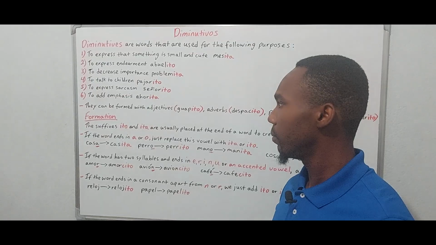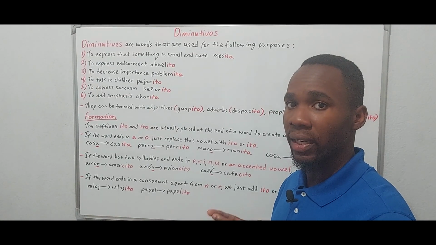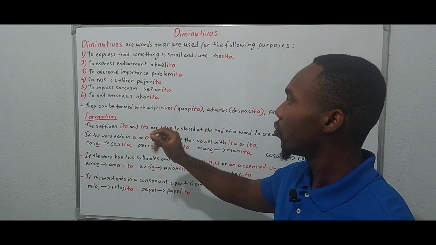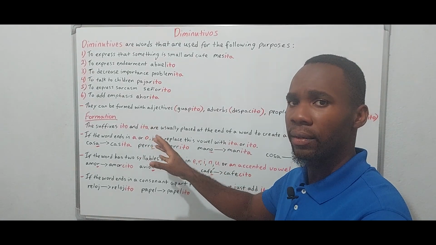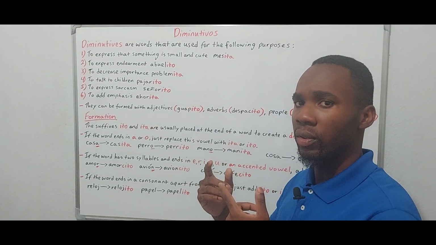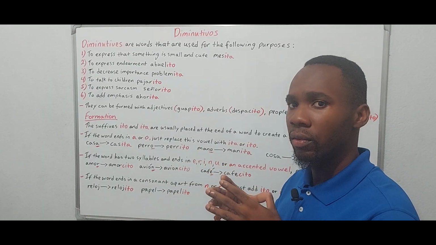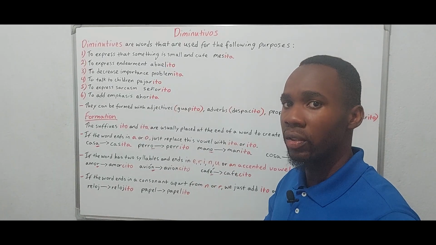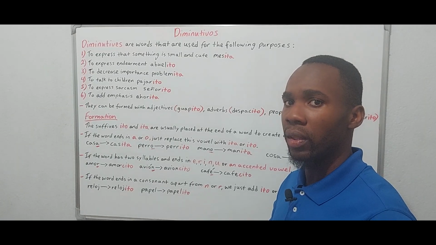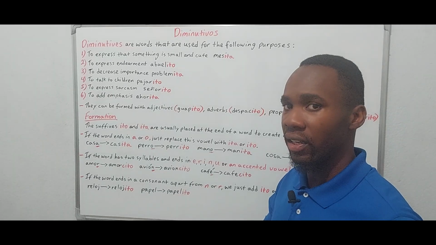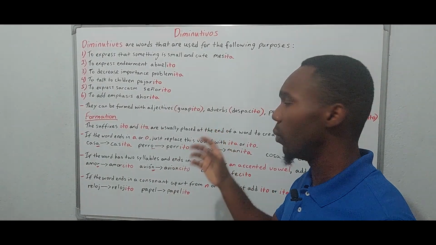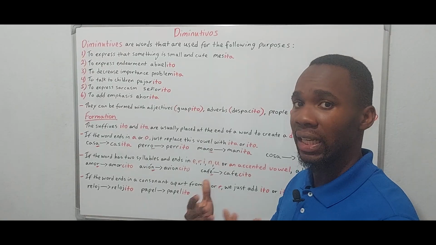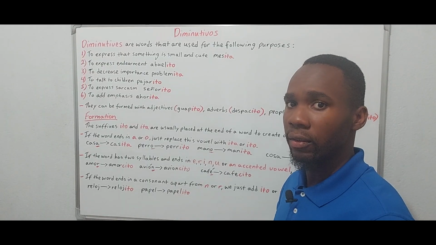Now, let's look at the rules when it comes to the formation. Before I do that, rules of gender and number will apply. The suffix that is chosen must agree with the gender and number of the noun, and in the case of an adjective, it must agree as well.